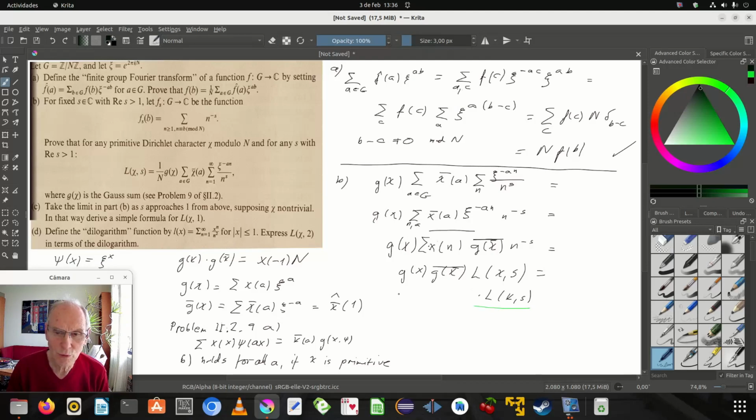And that's of course the norm of g of chi squared, and that equals n L of chi point s. There we go. That was surprisingly confusing.